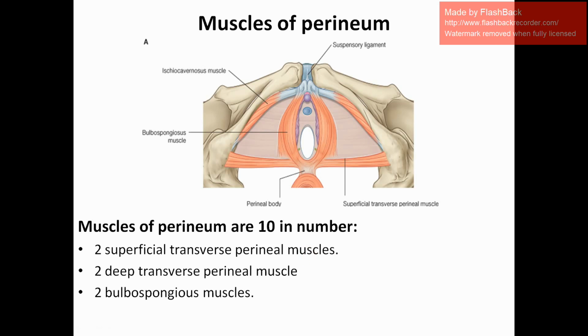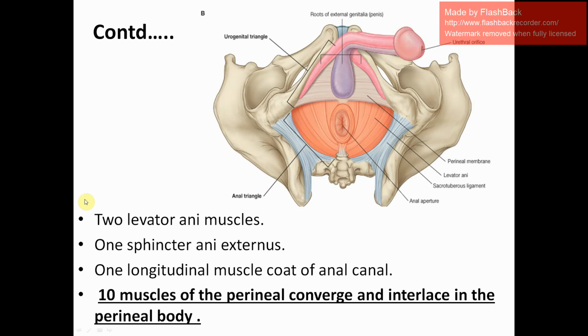Now we'll see what are the muscles of the perineum. Muscles of perineum are 10 in number: 2 superficial transverse perineal. This is the superficial transverse perineal. Then if you reflect this superficial transverse perineal, you'll get two deep transverse perineal muscles, 2 bulbospongiosus muscles, then levator ani muscle. This is the levator ani muscle. 1 sphincter ani externus.